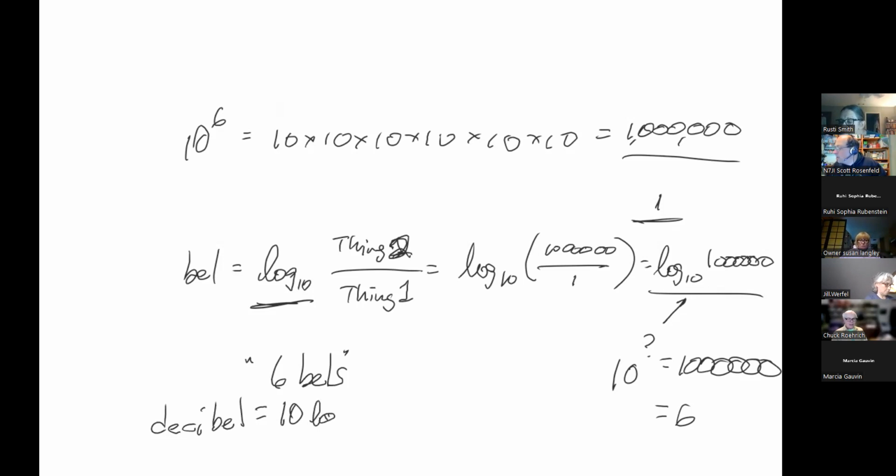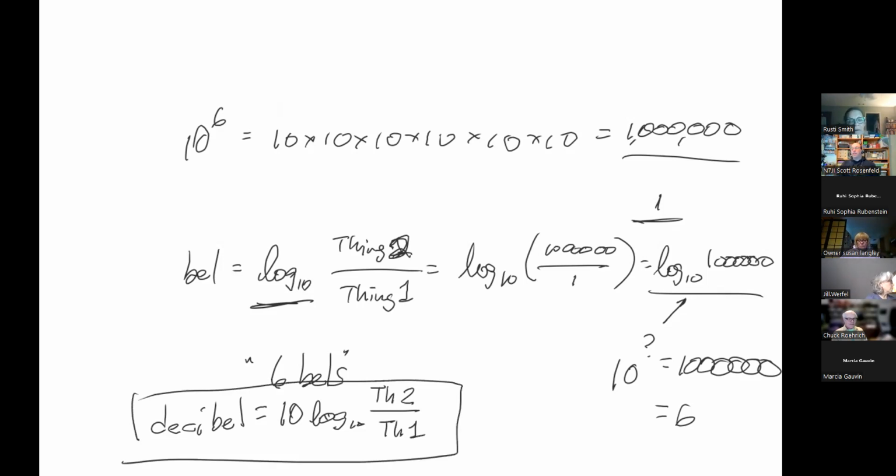So the new formula is 10 log base 10 of thing 2 over thing 1. And that is known as a decibel. What that did is it basically took the bell and multiplied it by a factor of 10. So that would then be 60 decibels, which is really the same as 6 bells. It's just that it's a bigger number that makes a little more sense.